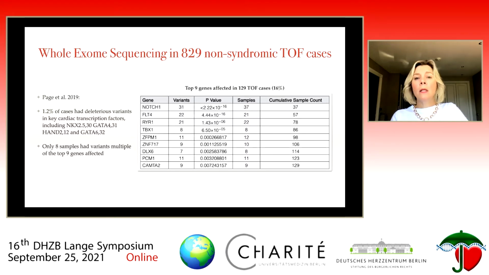And they found only 1.2% of cases of their big 800-something TOF cohort were affected by the top 9 different genes you see in that table. So the majority of cases were affected by other genes, and they are affected in a highly combinatory manner. So there are multiple genes which in combination cause tetralogy of Fallot.